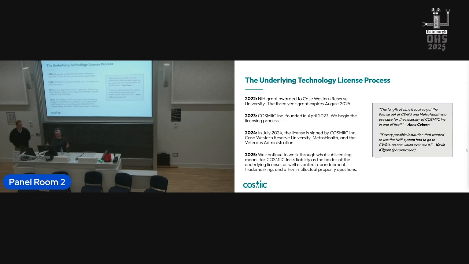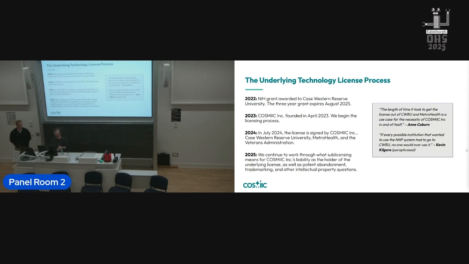Cosmic Inc. was founded in 2023. In April, which is when the licensing process begins, and then more than a year later, in July of 2024, the license is signed by Cosmic Inc. That's the group that I represent, Case Western Reserve University, Metro Health, and the Veterans Administration. There's a lot of different people at play here.